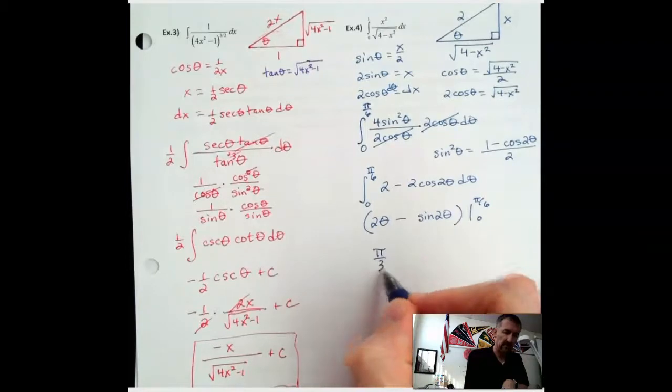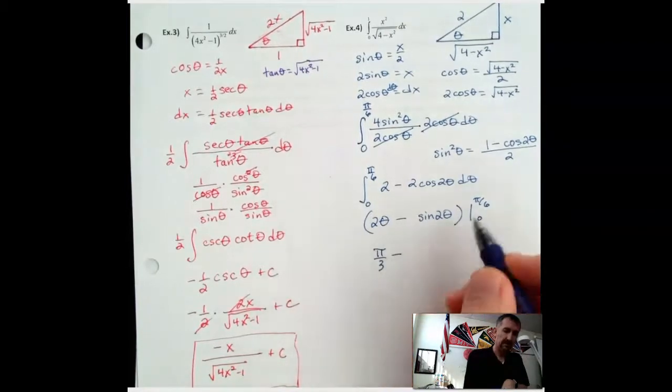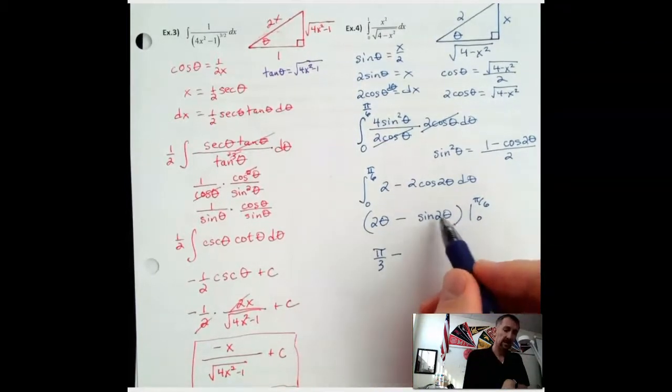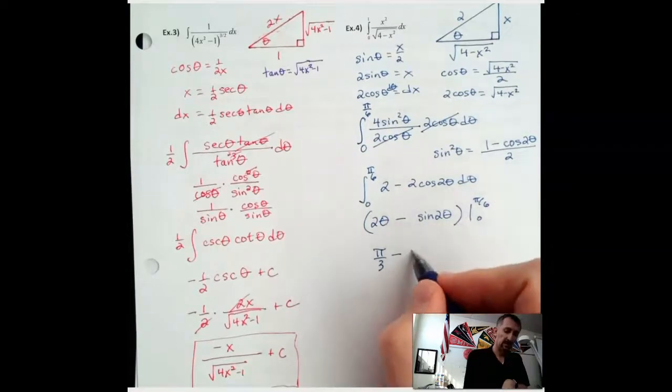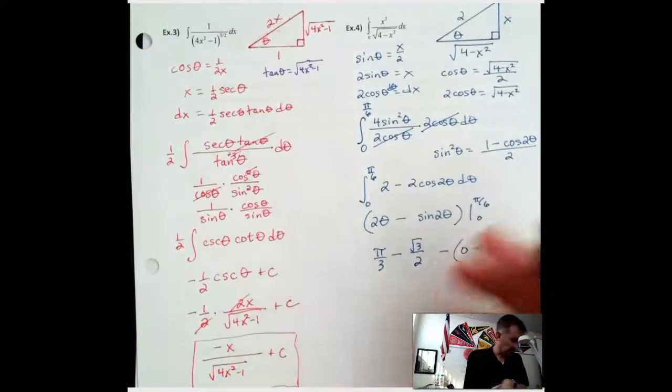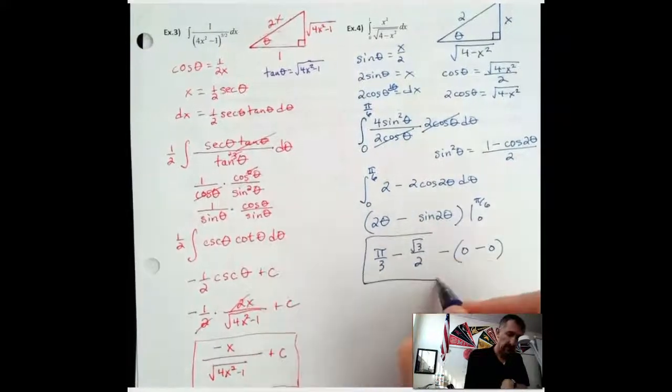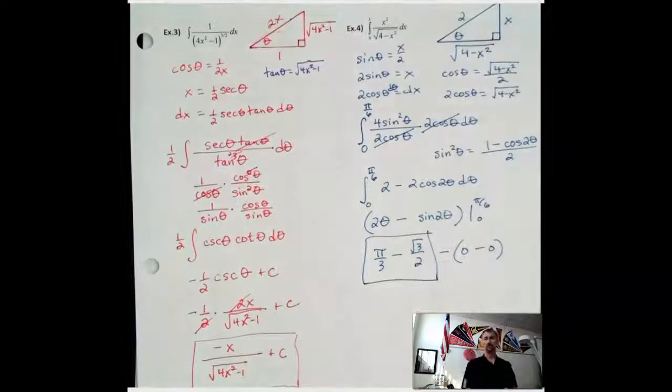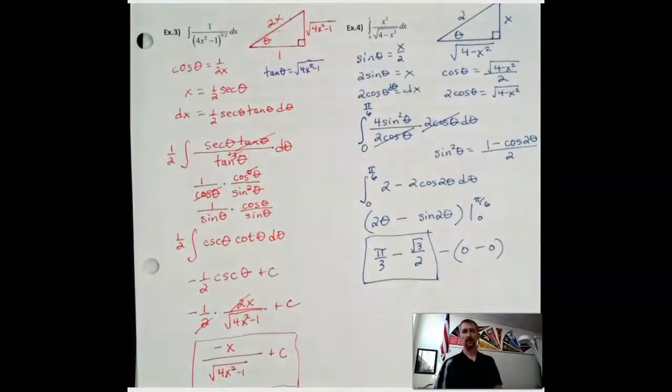That's going to be pi over 3 minus, that's going to be pi over 6. So that's going to be the long y value. So that's going to be root 3 over 2. And then 0 minus sine of 0 is 0. So not much going on there. So there we go. All right. It's about that time.